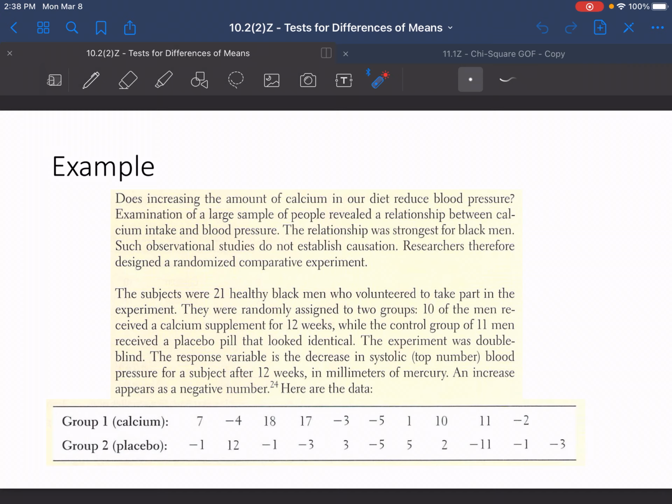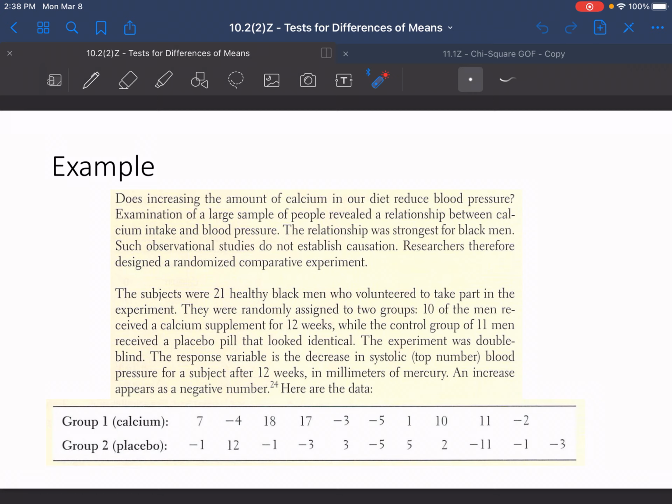The experiment was double-blind. The response variable is the decrease in systolic blood pressure for a subject after 12 weeks in millimeters of mercury. An increase appears as a negative number. And here's the data. So group 1 of our 10 men were given calcium, and group 2 of our 11 men were given the placebo that looked identical.